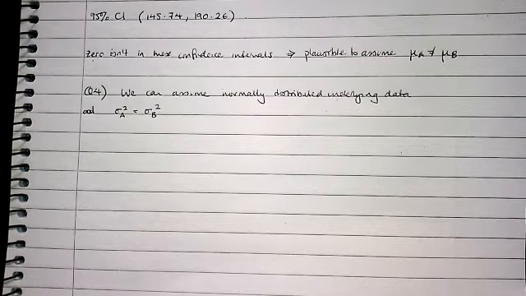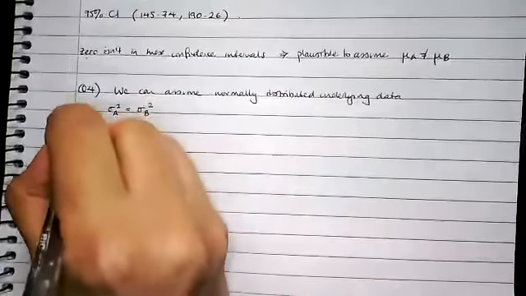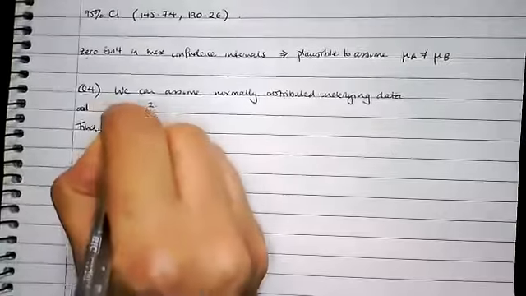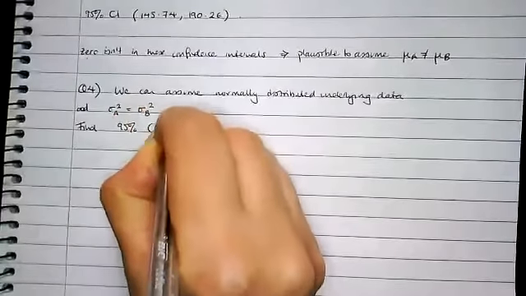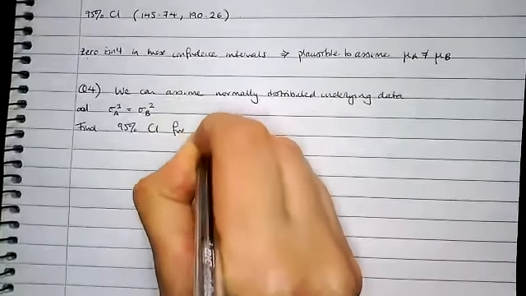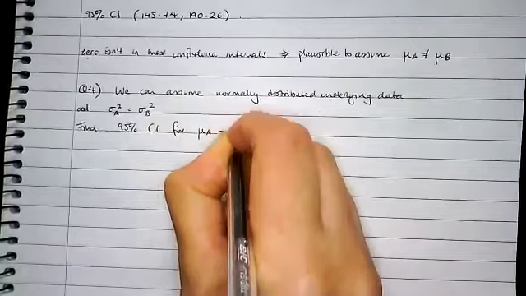So the question asks us something really similar to question 2. It asks us to find a 95% confidence interval for mu A minus mu B.